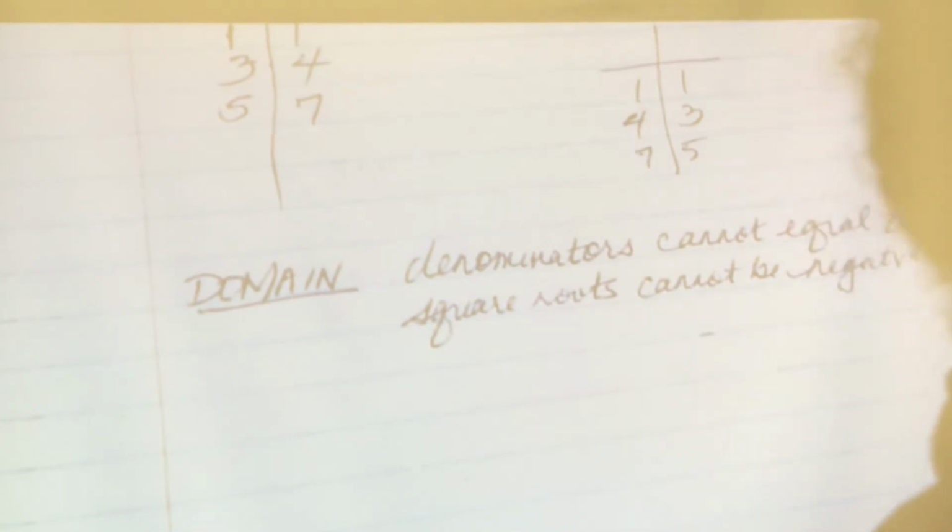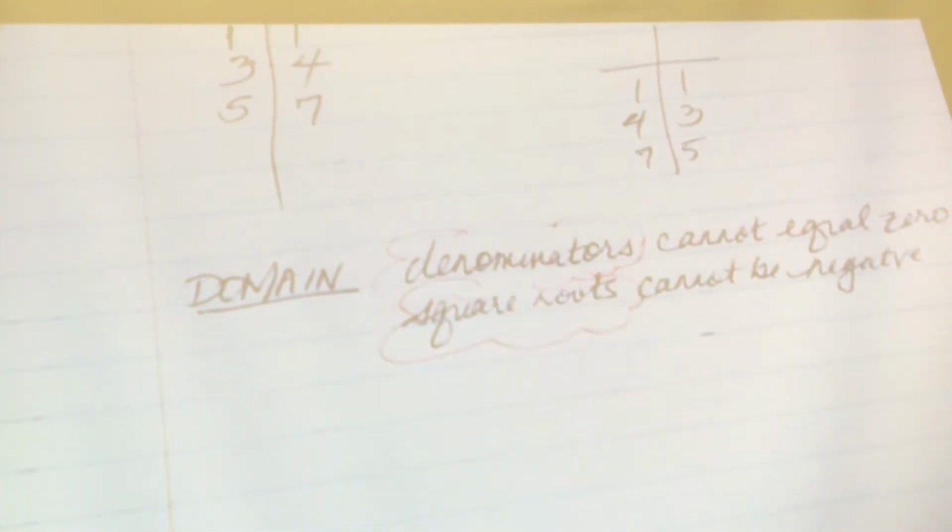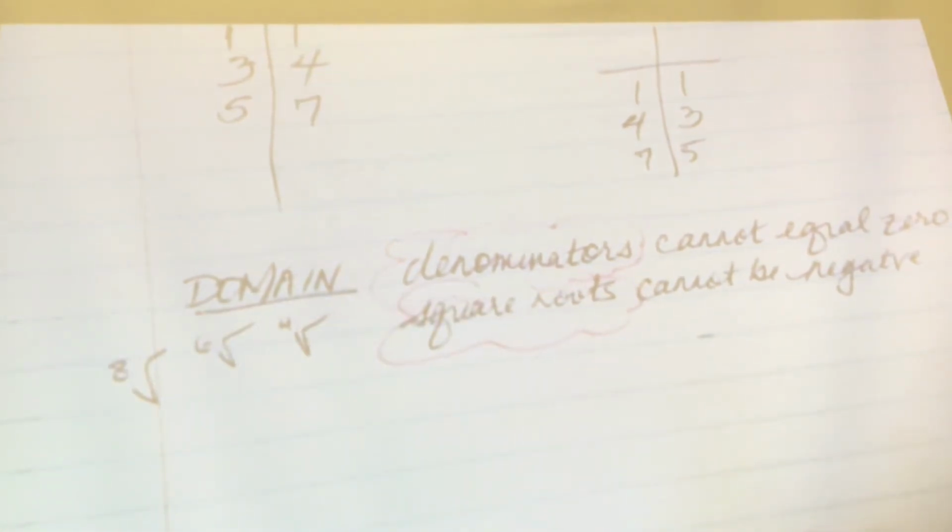Remember 2 rules: denominators can never equal 0, so that's going to be excluded from your domain, and square roots can never be negative, so that's excluded from your domain too. That includes 4th roots and 6th roots and 8th roots, because all those even roots cannot be negative.